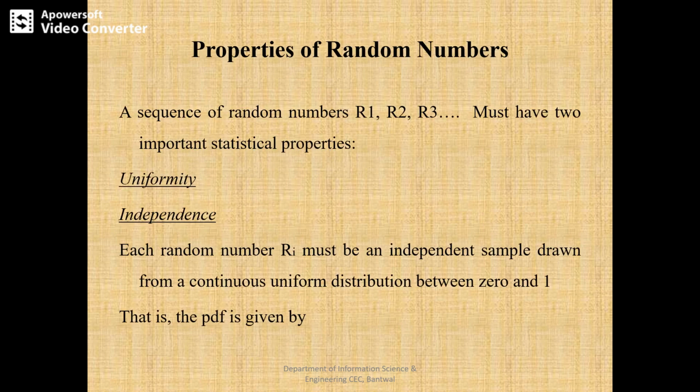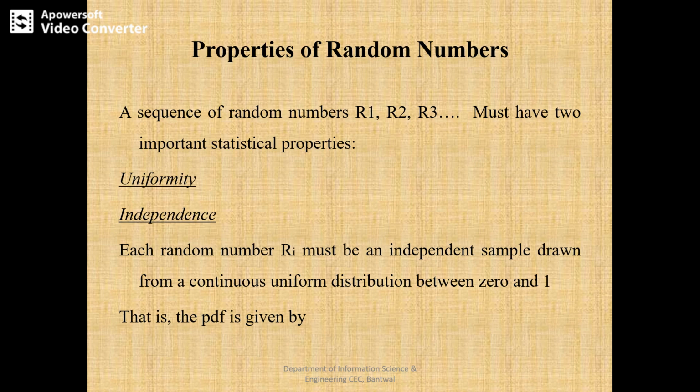Random numbers are a necessary basic ingredient in the simulation of almost all discrete systems. Most computer languages have a subroutine, object or function that will generate random numbers.